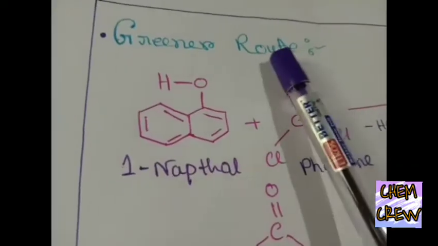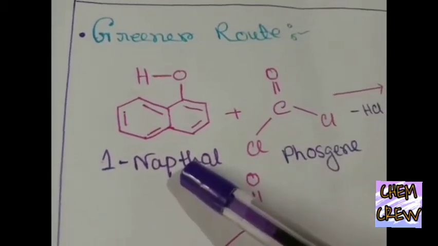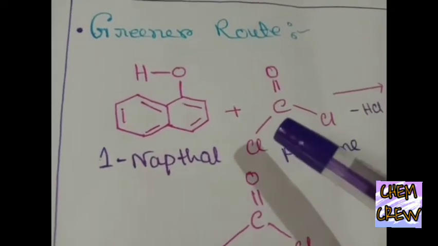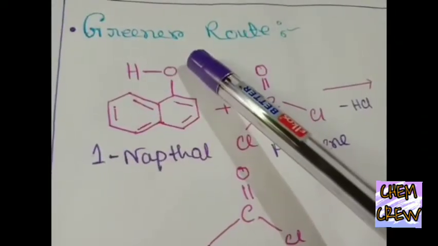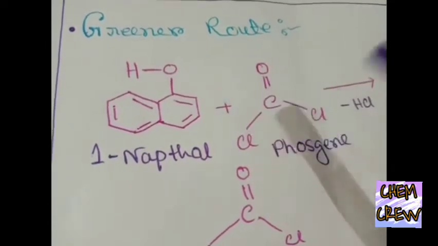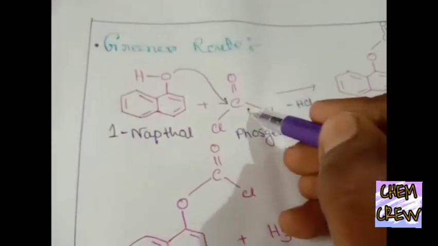Now we are learning the greener route. In the greener route, 1-naphthol is treated with phosgene. The lone pair of the oxygen attacks the positively charged carbon, and Cl is released.